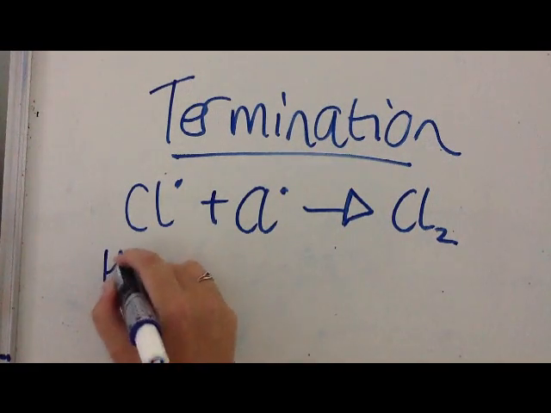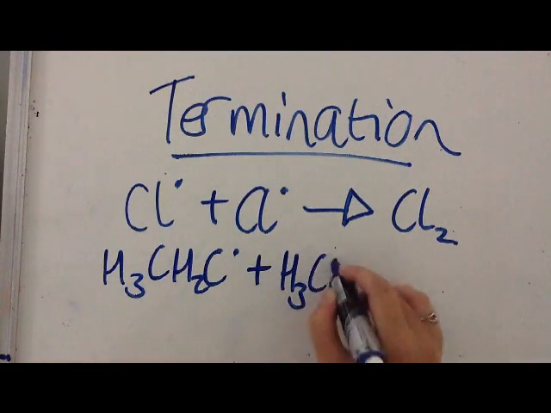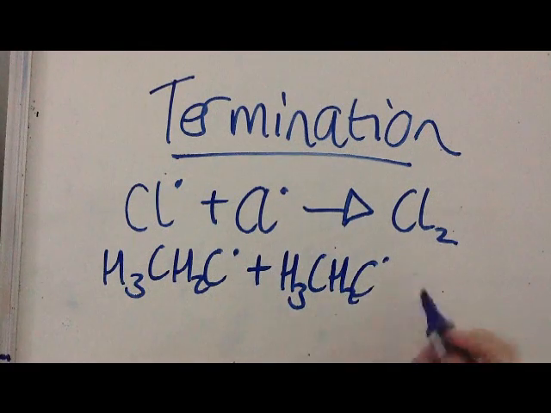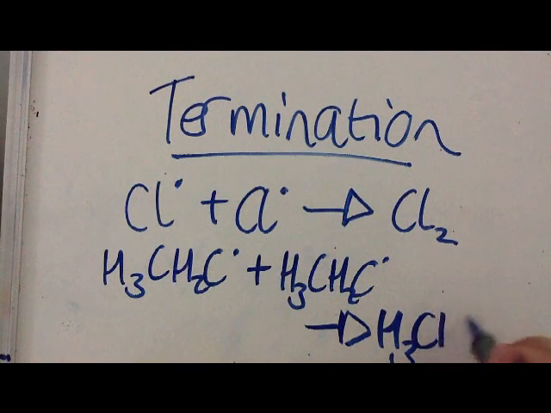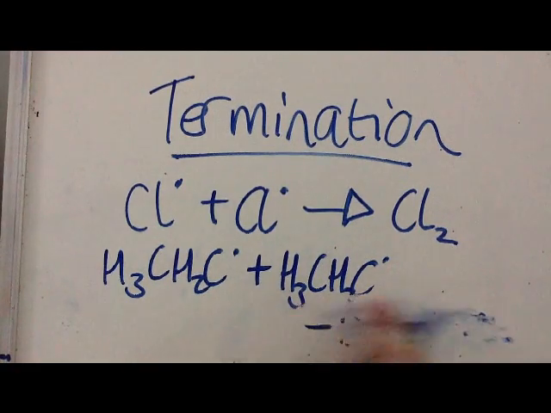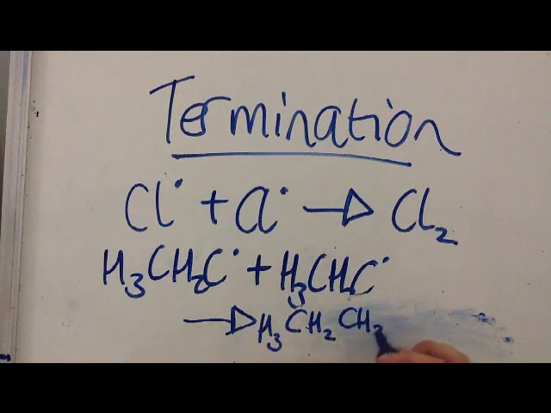We have also got these 2 free radicals, which could add together to make, we're running out of space, to make this, which if we know our naming right, is butane.